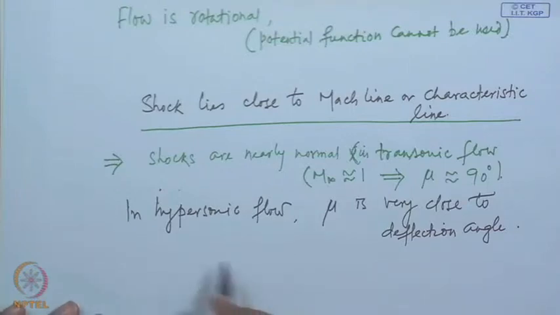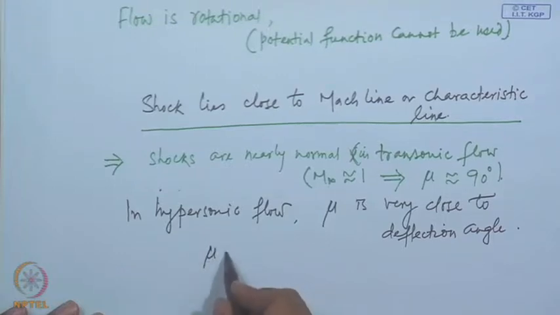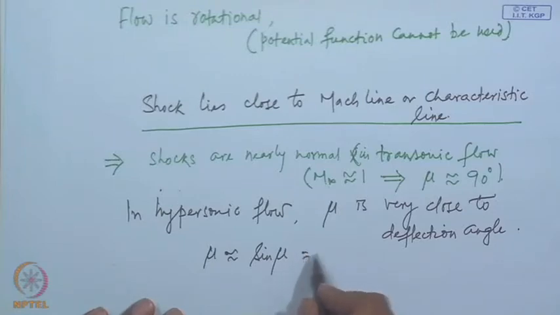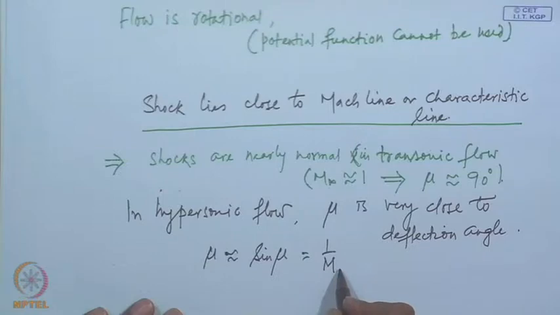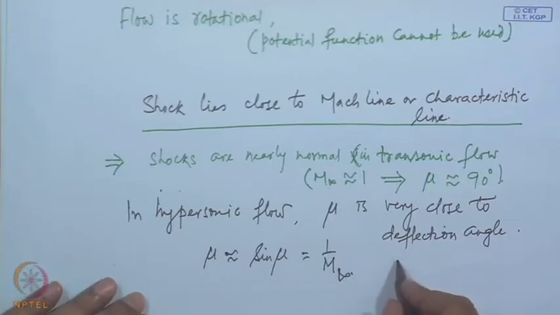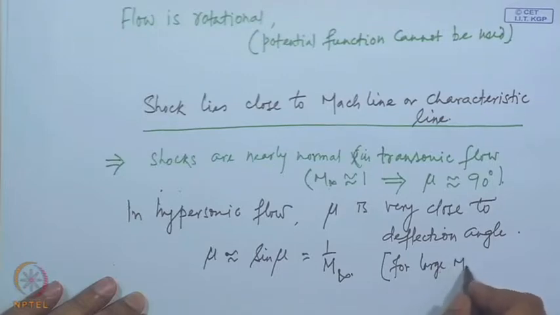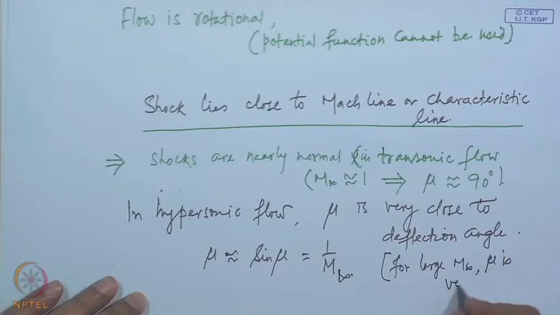And what then is the result? Now mu is very close to sin mu, which is 1 by M infinity. That is, for large M infinity, mu is very small.